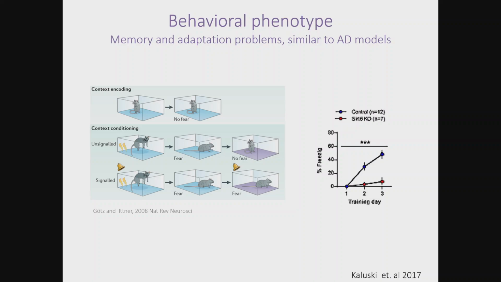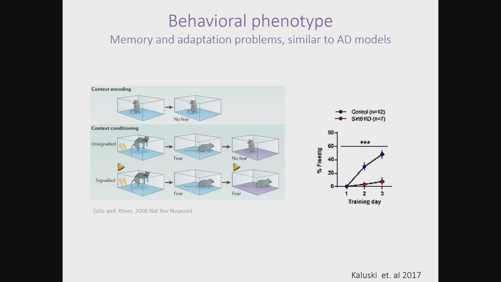If we don't have SIR6 repair capacity and epigenetic regulation in the brain, these mice don't learn, they don't remember, they don't know that something bad happens to them in here. So through various of these kinds of tests, we can test memory, like we have mazes and these things, and we can see how they are doing. So we know that if you don't manage to repair DNA damage and regulate epigenetics in the brain, you will start early neurodegeneration.